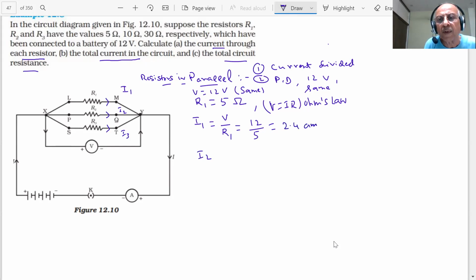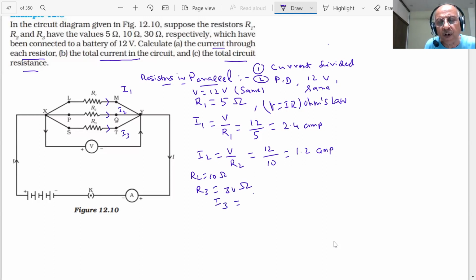2.4 amperes. What is I2? V by R2. What is the value of R2, student? 10 ohms. 12 by 10. What is the value coming? 1.2 ampere. What is the value of R3, students? 30 ohms. Then what will be I3, student? V by R3. V is the same.